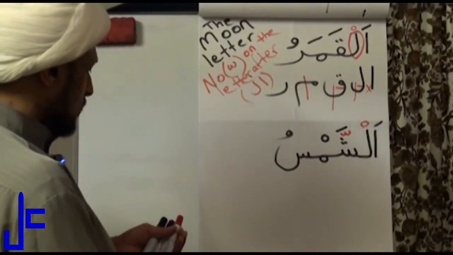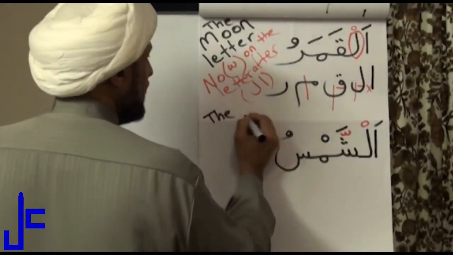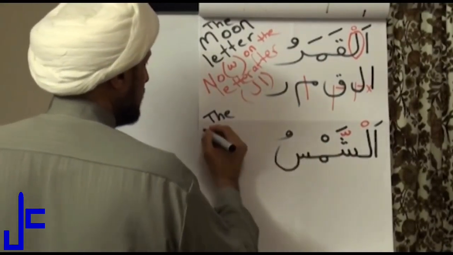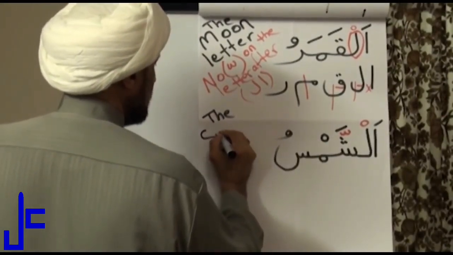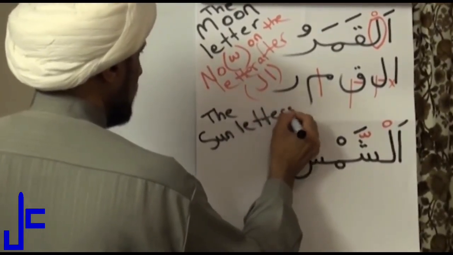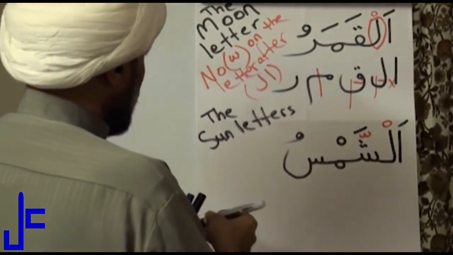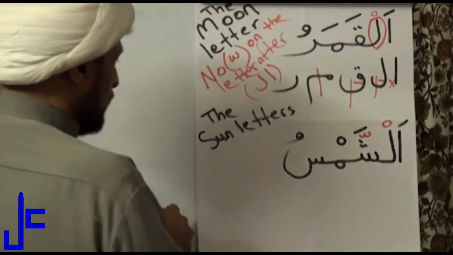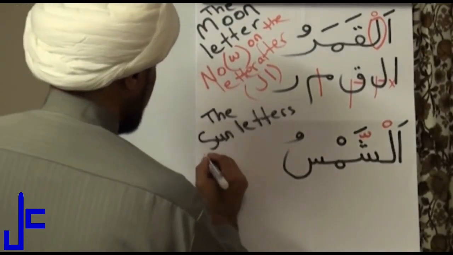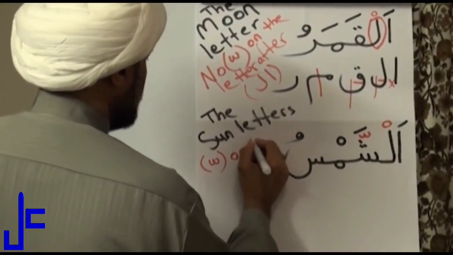The sun, ash-shams, is the sun. So the sun letters, anything like this in the Arabic alphabet, the sun letters, there is a shadda on it.